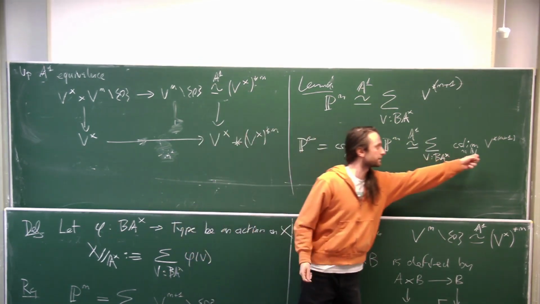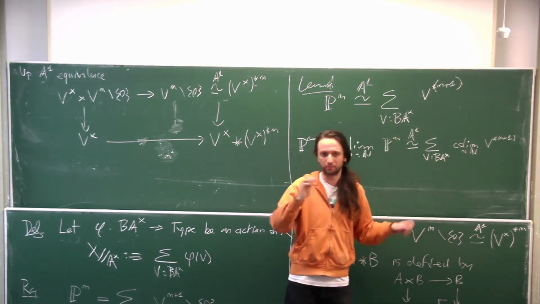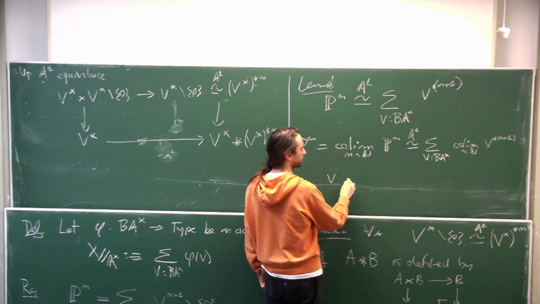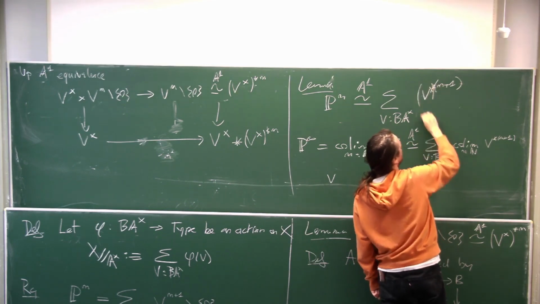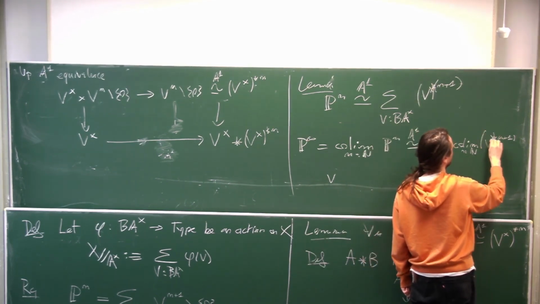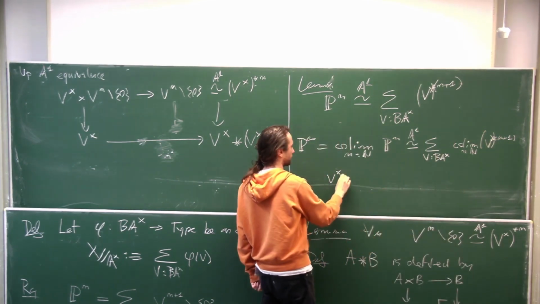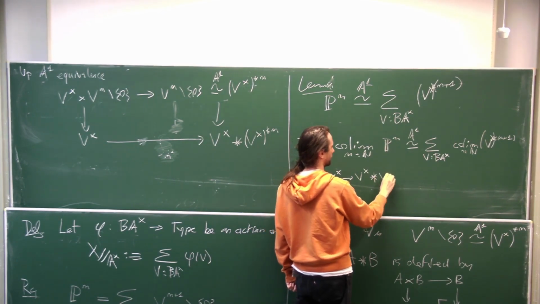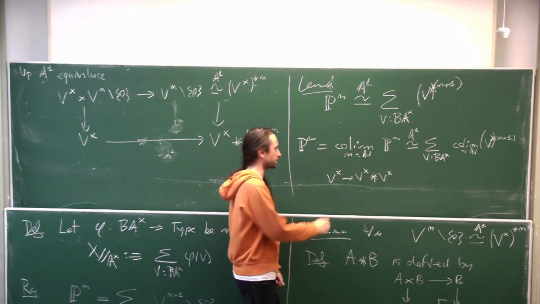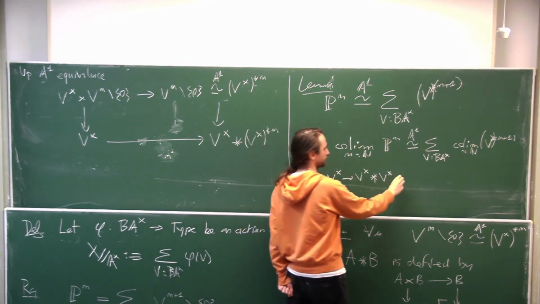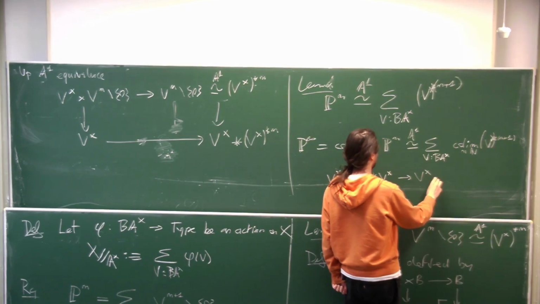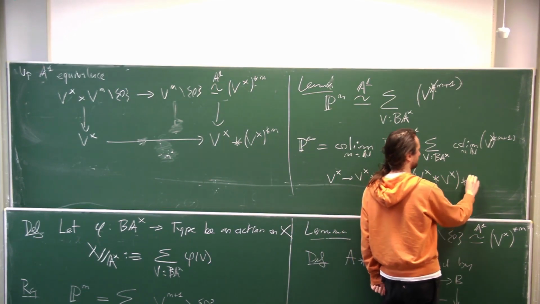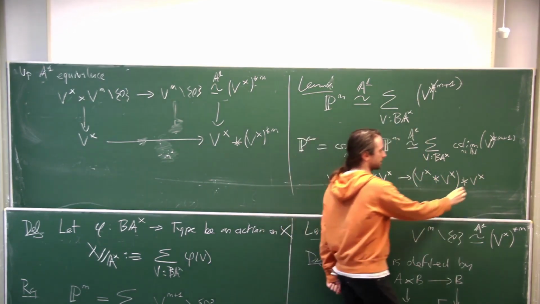And actually this colimit is contractible. So if we look at the maps I used, we see that this colimit is, you start from V times here. And so you start from V times, then you include it in a join of two copies. So you include it simply by using the inclusion on the left. And then you include this similarly by using the inclusion on the left, and so on.